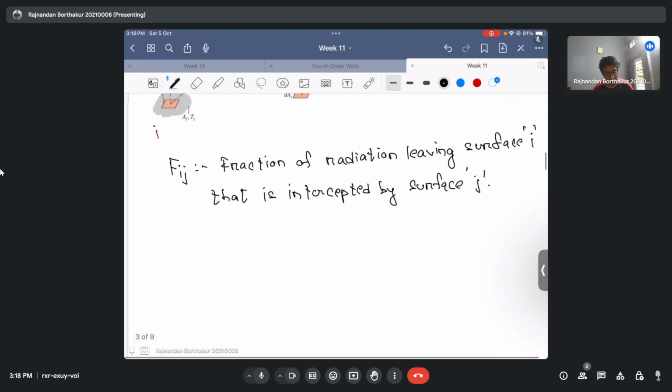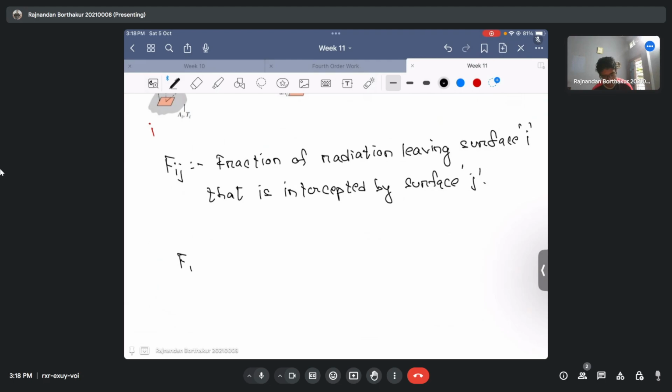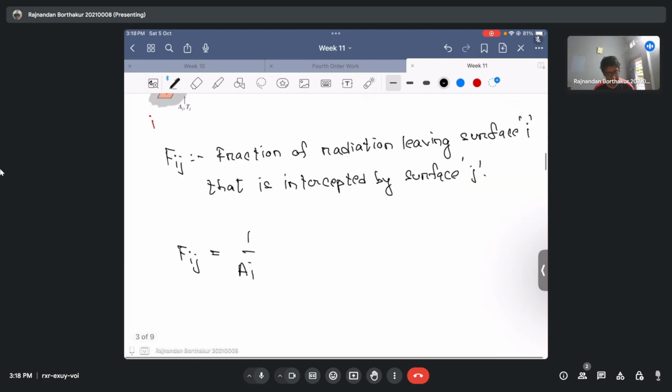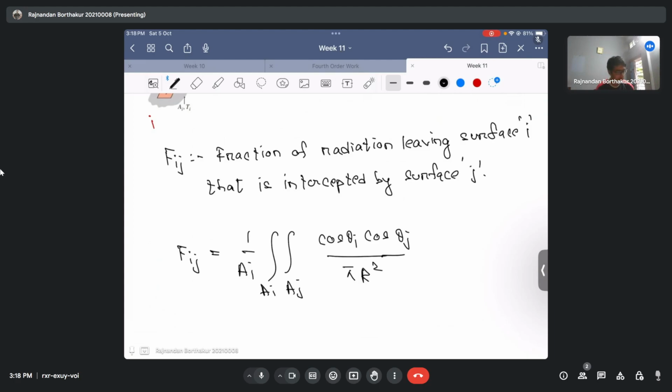Instead, I will just formally write down that this Fij, the view factor of I, which signifies the fraction of radiation leaving surface I that is intercepted by surface J, is given as 1 upon AI, the total area of surface I, integral over the entire surface AI, integral over the entire surface AJ, cos theta I cos theta J divided by pi times r squared, which is the separation distance, dAJ dAI.